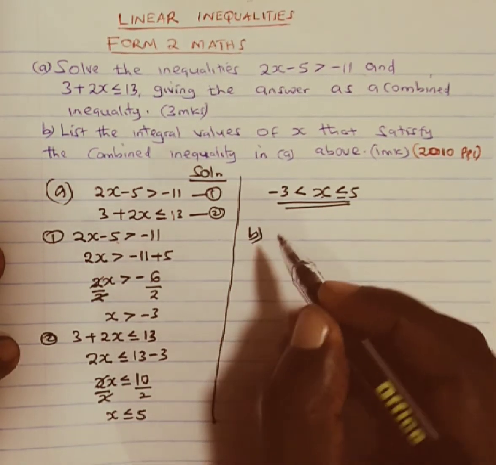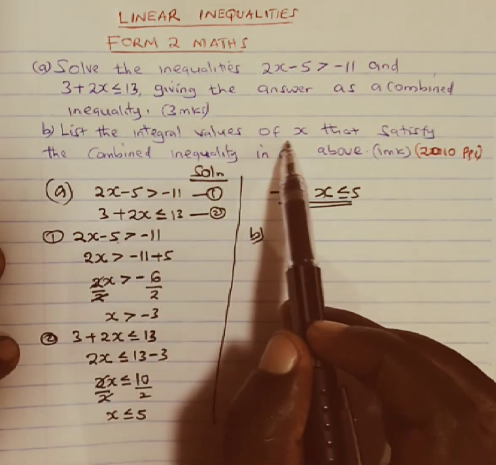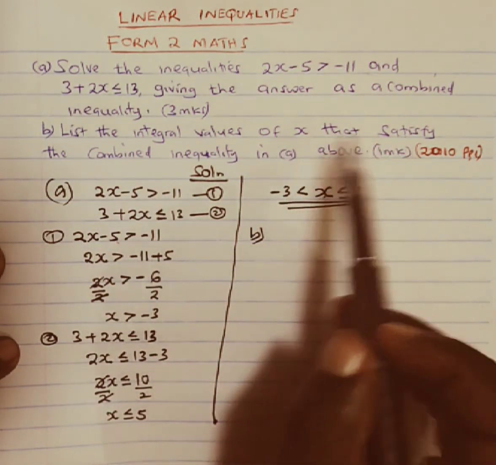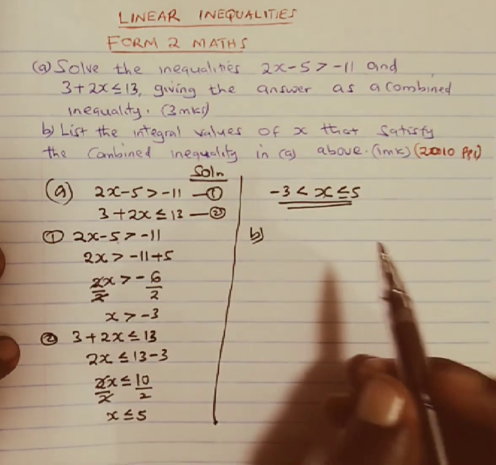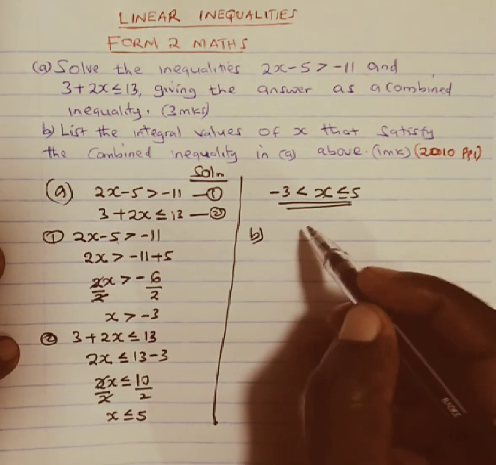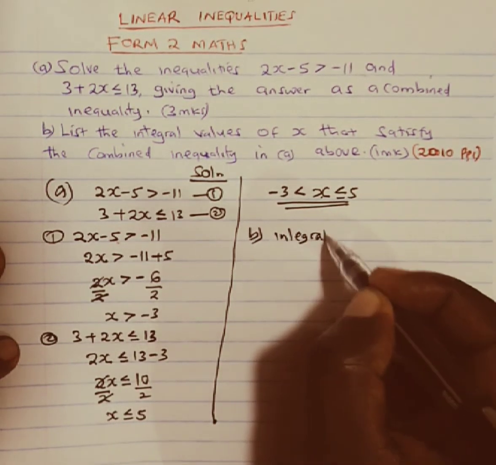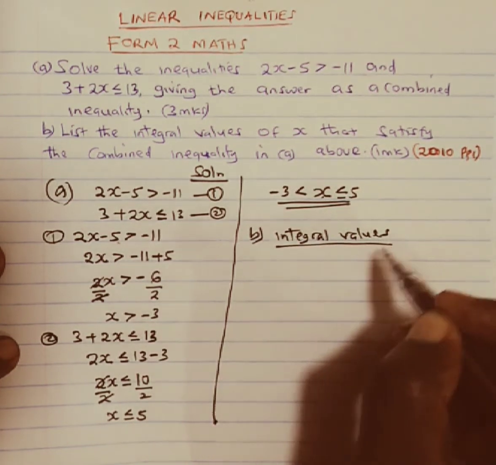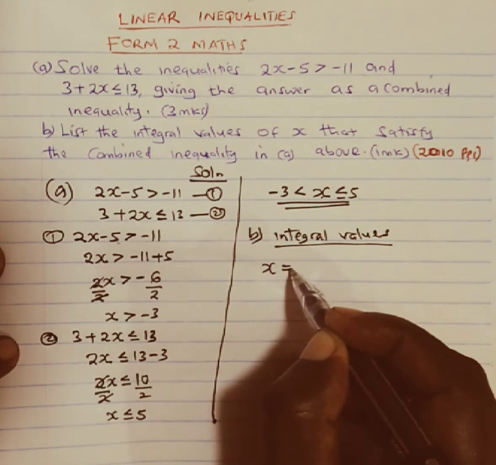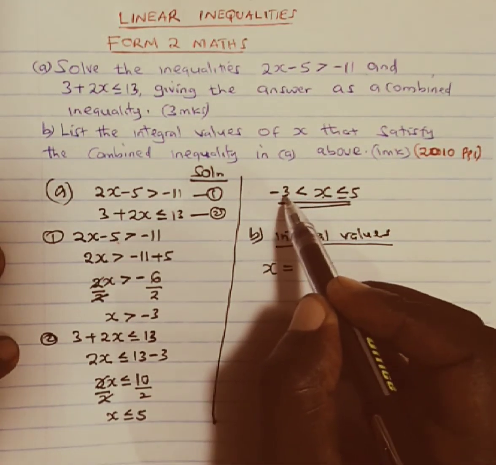Then B, list the integral values of x that satisfy the combined inequality in A above. In this case, if we look at the integral values of x, x is greater than negative 3.